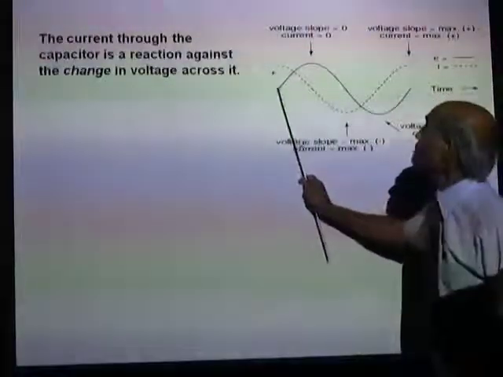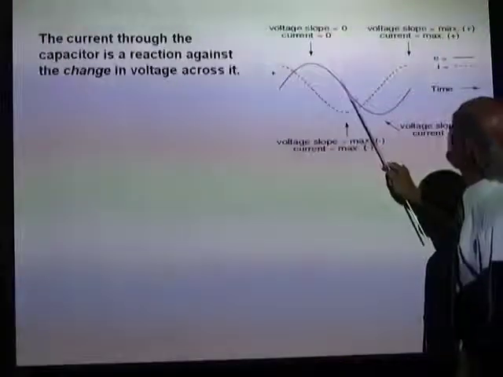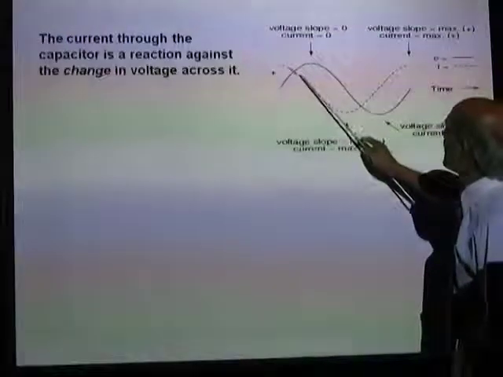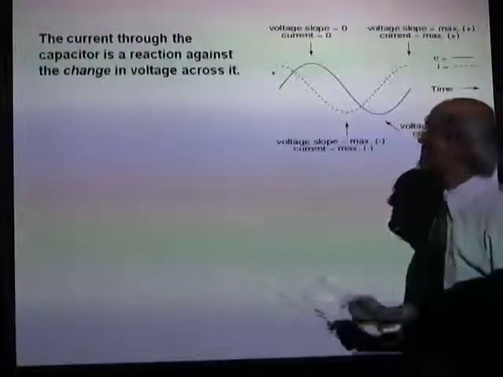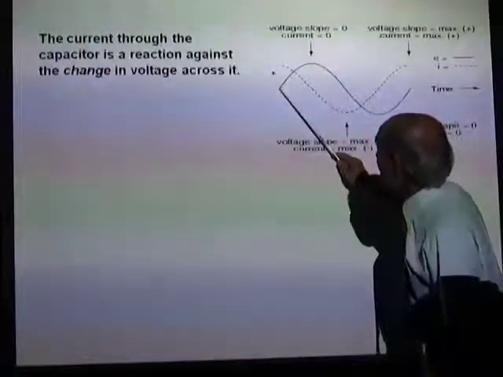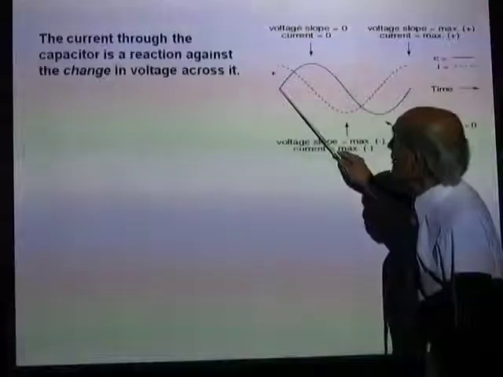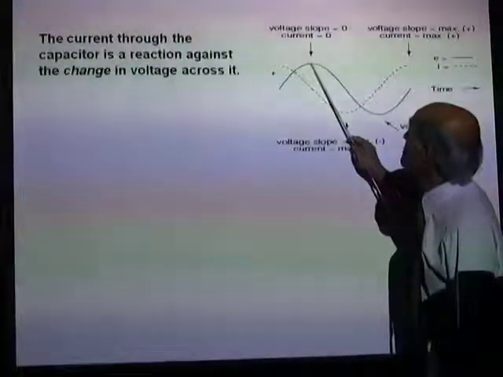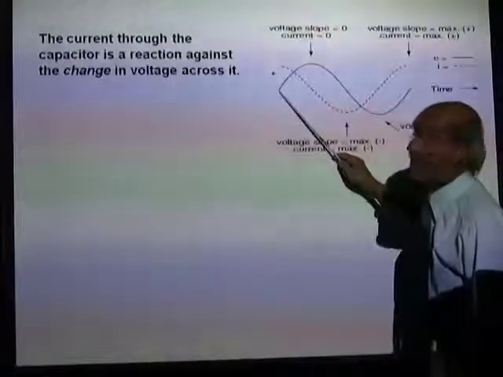I want you to watch these two drawings. Now, the blue drawing is the voltage across the capacitor, and the red, I don't think it shows as red, is in the broken lines. Now, look at the slope of the blue line. The slope is maximum here, the slope reduces and becomes zero. So the rate of change of voltage is maximum.